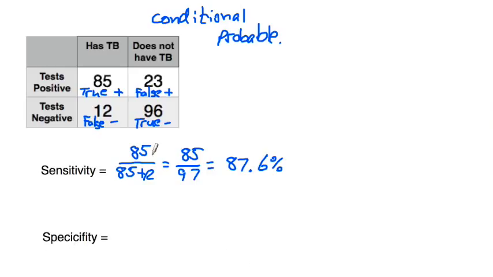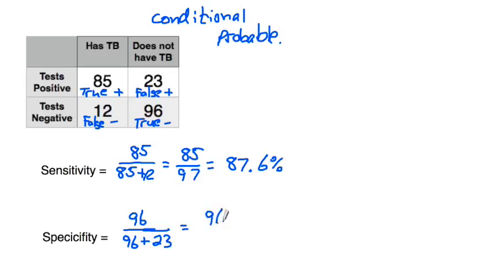Specificity, on the other side, is talking about how well the test is for finding those that do not have tuberculosis. So you go over here to those people that are not sick, and you find out how many of them are the true values in that column, in this case the true negatives. So this would be 96 out of the 96 that are true negatives, plus those 23 that tested positive, the false positives.